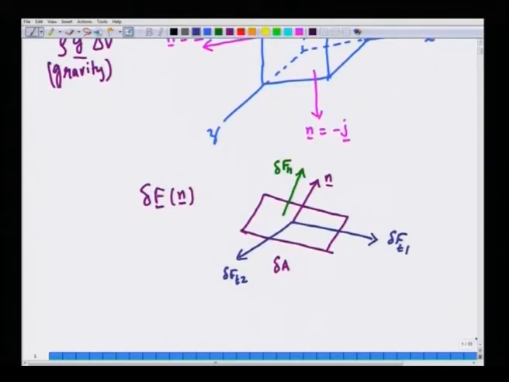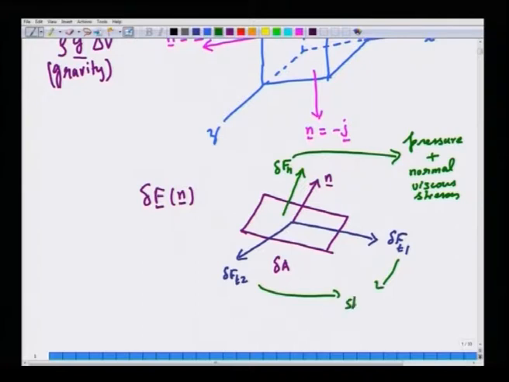So, the normal forces are predominantly due to pressure, because pressure acts purely normally, plus also due to the fact that there could be normal viscous stresses. The tangential forces are purely due to, or also called shearing forces or shear stresses, if you define it in terms of per unit area. These are only due to viscous stresses in a fluid. Okay.